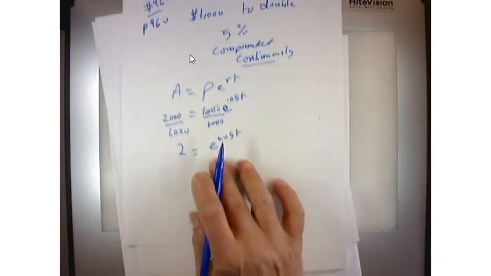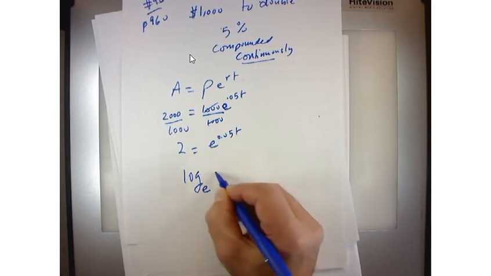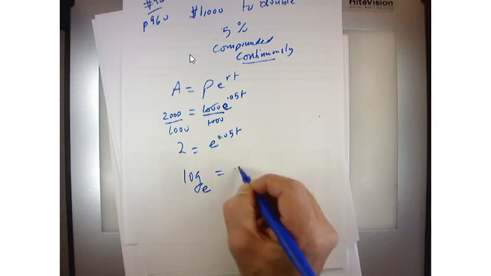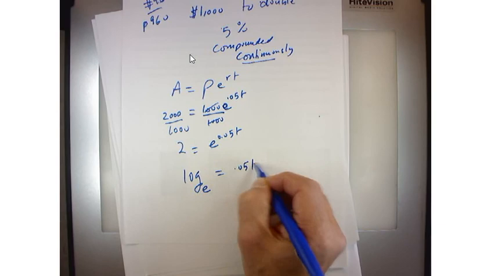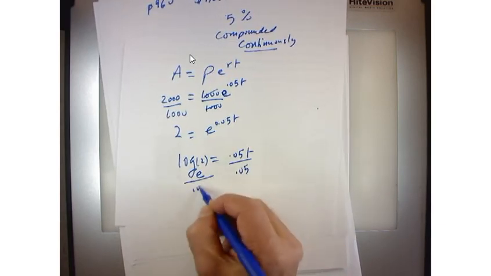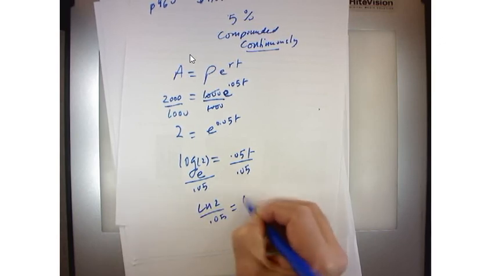We're stuck with exponential. We want to change it into log. So we do log base e of 2 equals 0.05t. So divide by 0.05. So ln of 2 over 0.05 equals t.